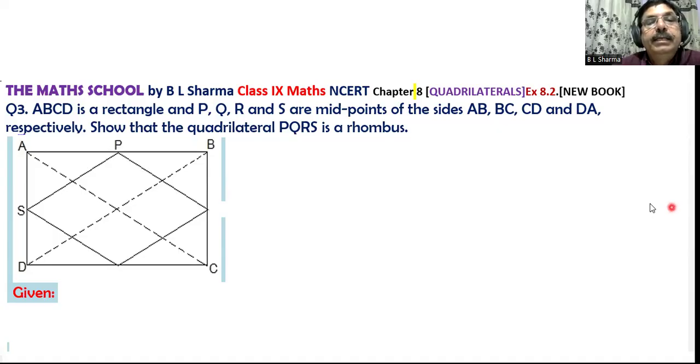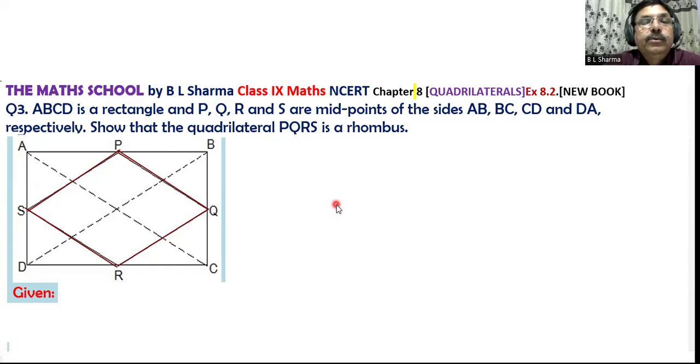This point is S, P, Q, R. हमें प्रूव करना है कि ये जो P, Q, R, S मिड पॉइंट को ज्वाइन करने से एक क्वाड्रिलेटरल बना है. मिड पॉइंट ऑफ द sides of rectangle. We have to prove that this PQRS is a parallelogram.